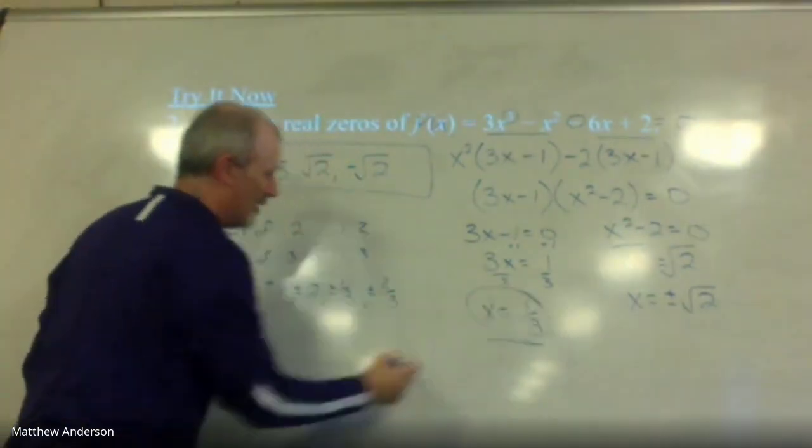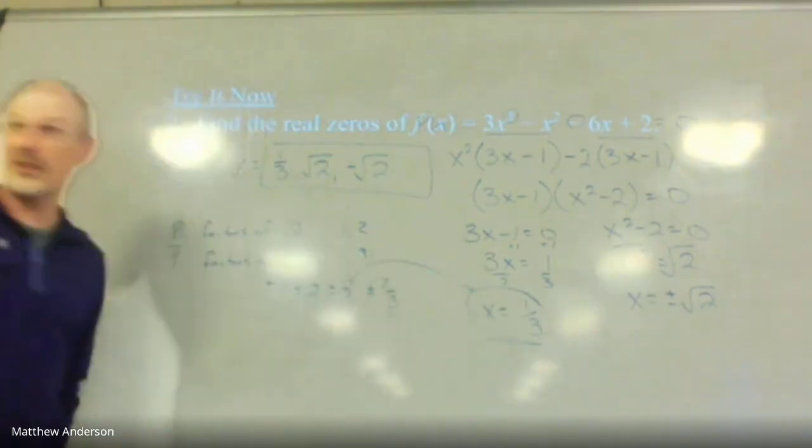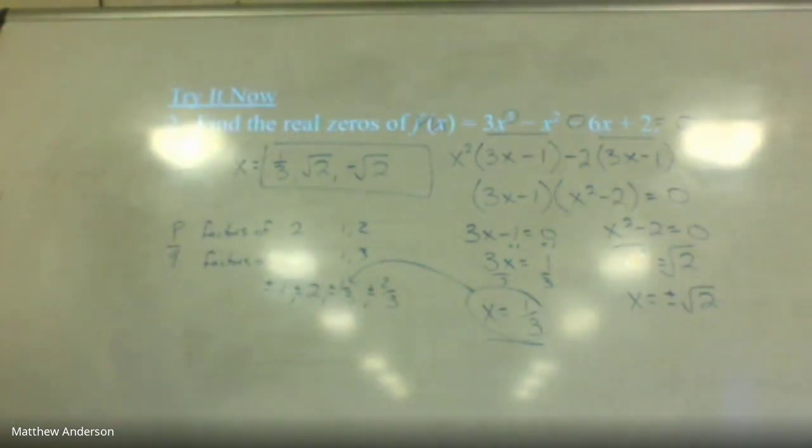Notice this one right here. It was in our group, right? We would have found it eventually, but it may have taken us a while. Does that make sense? We would have found it, but if we can factor it, it's going to be quicker. Maybe not easier, but quicker.